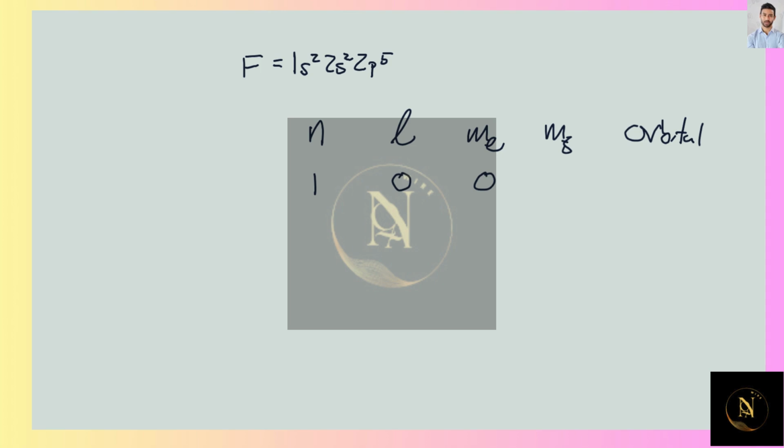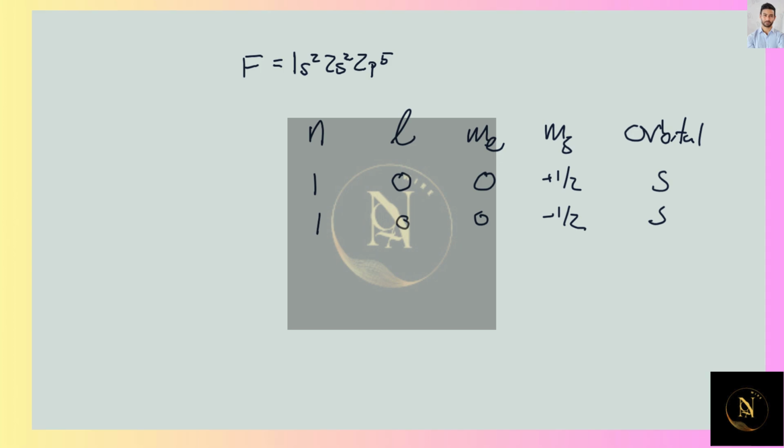But m sub s, for any given orbital, can be spin up or spin down, meaning positive 1/2 or negative 1/2. This is an s orbital, and the second electron in this 1s orbital must be exactly the same, but negative 1/2: 1, 0, 0, negative 1/2.